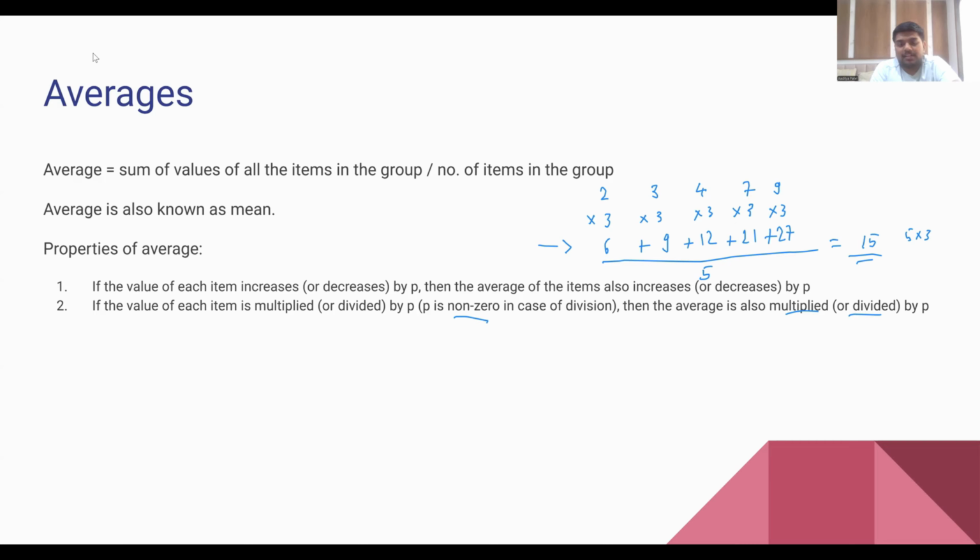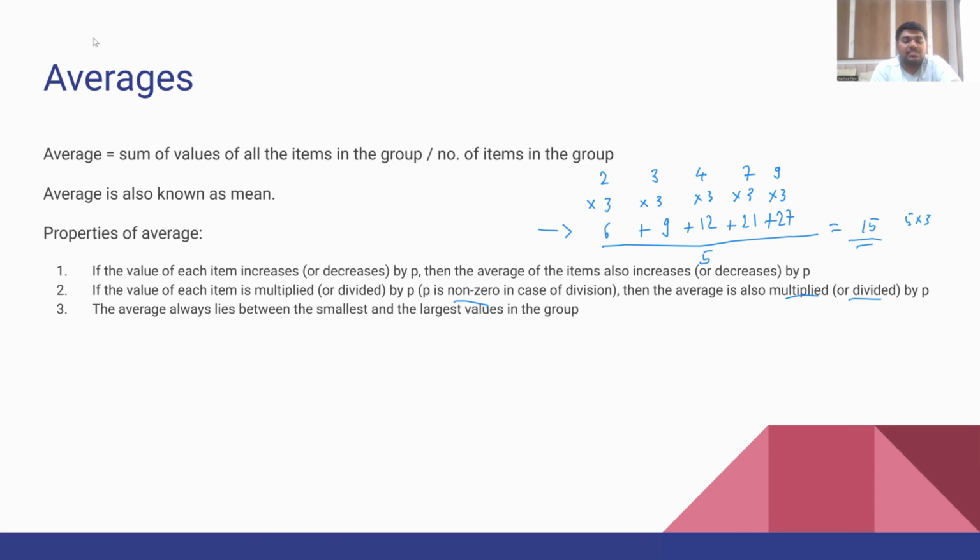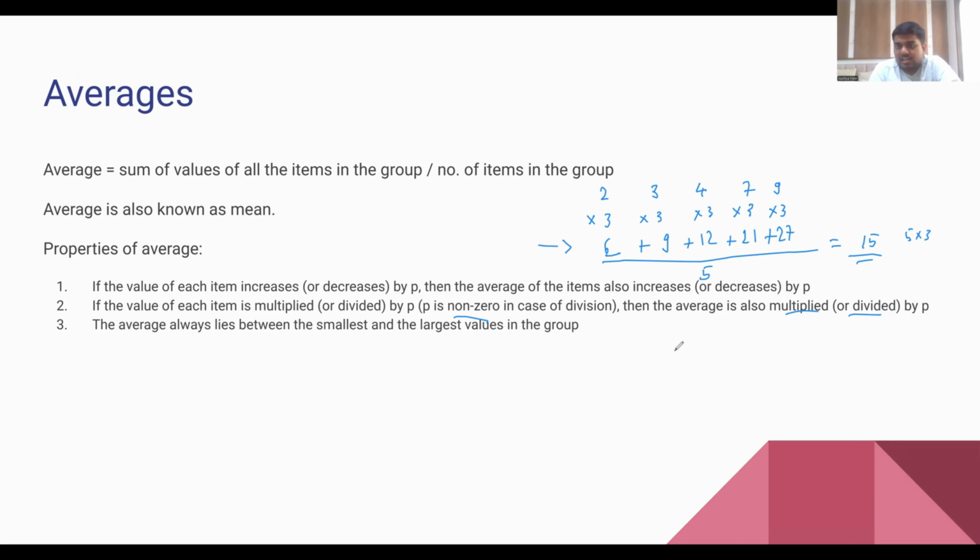And the next property is, the average always lies between the smallest and the largest values in the group. So what is the smallest value here? 6. What is the largest? 27. So the average always lies in this particular range. Now, all these 3 properties are important because there will be some boundary cases wherein, suppose you will be given that the average of 10 numbers is x.